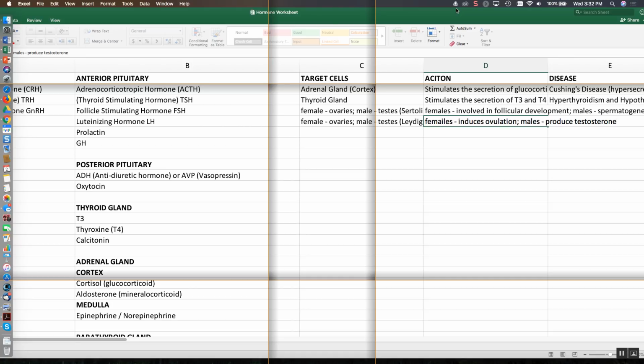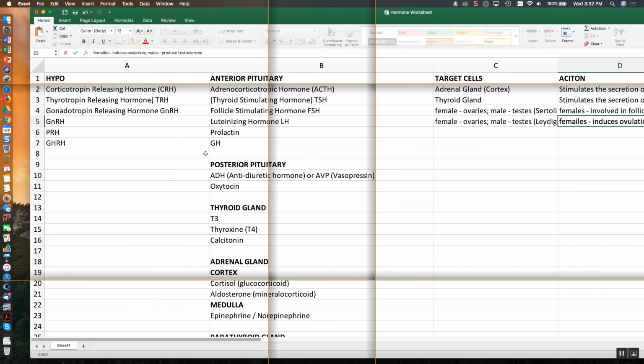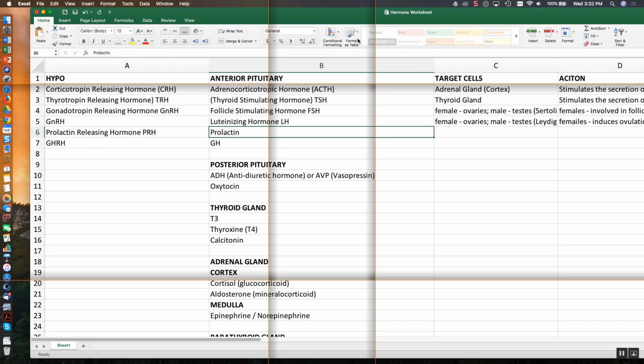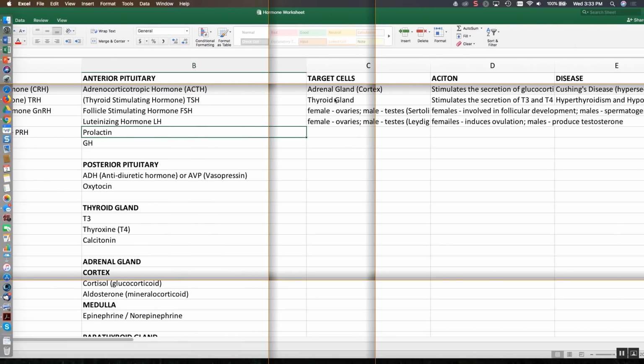I'll open this up. All right, so this isn't very original. Prolactin. PRH is prolactin releasing hormone. It causes prolactin to be released. Anybody know the target cell? Target cell.